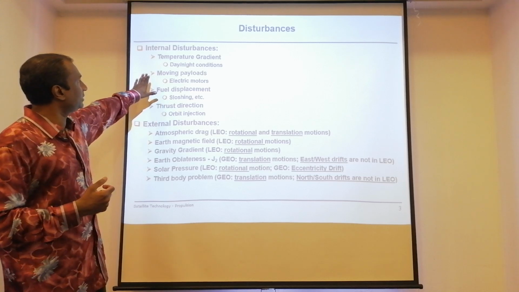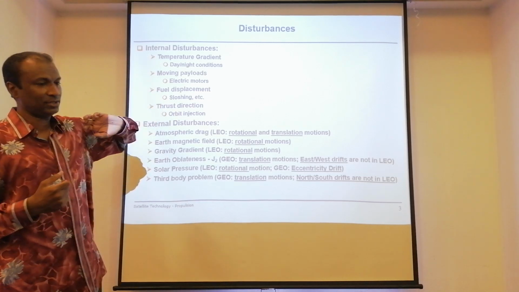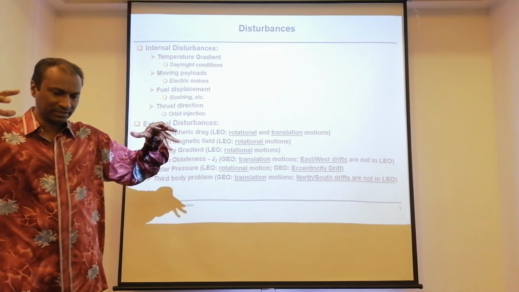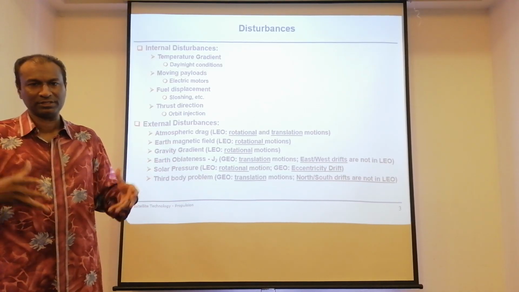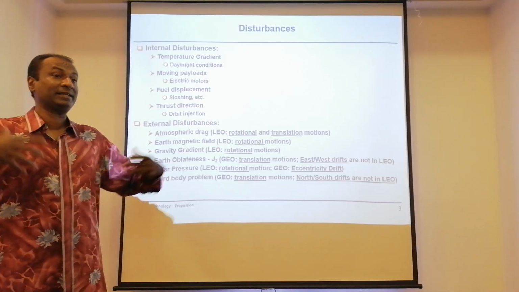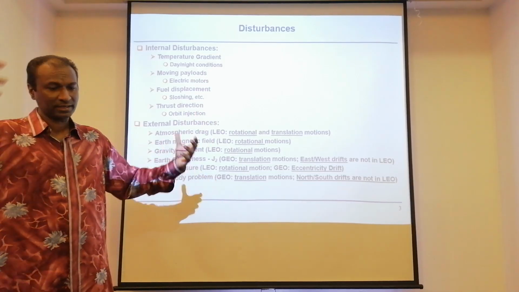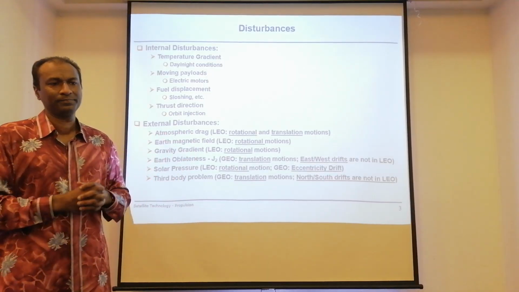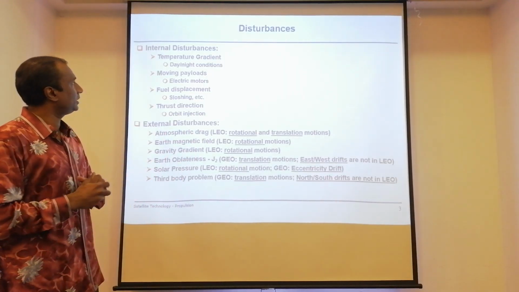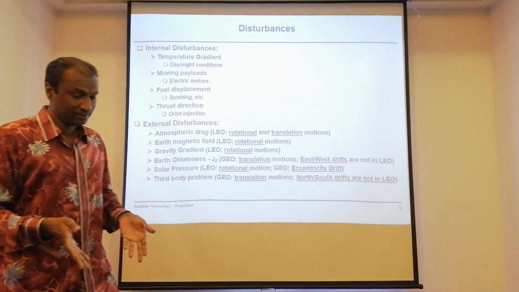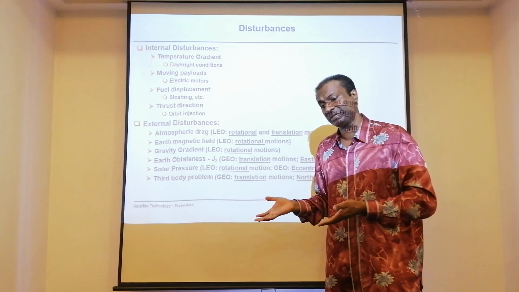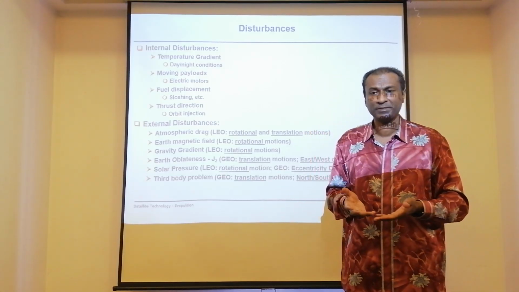Now, there are internal and external disturbances in a satellite. If you fly a satellite, internally there are some problems, which means there are disturbances acting on us, and externally through space there are also disturbances. Both of these disturb us. For example, take temperature gradient. One of the subsystems we have treated is the power system.